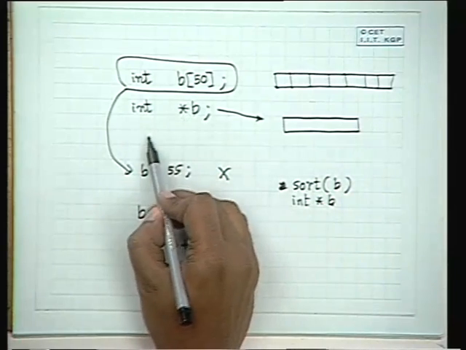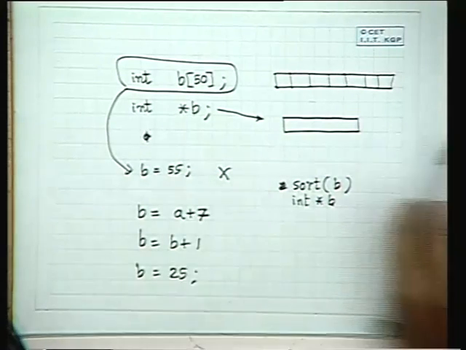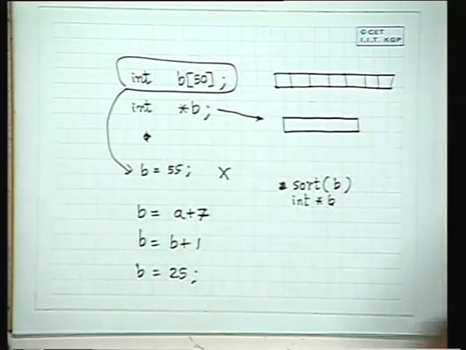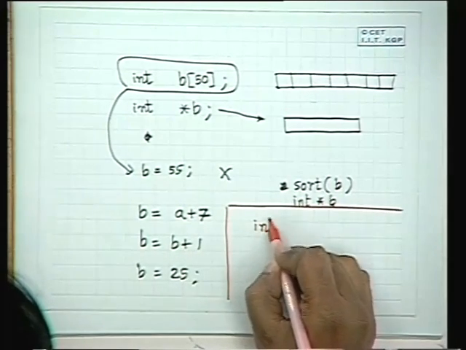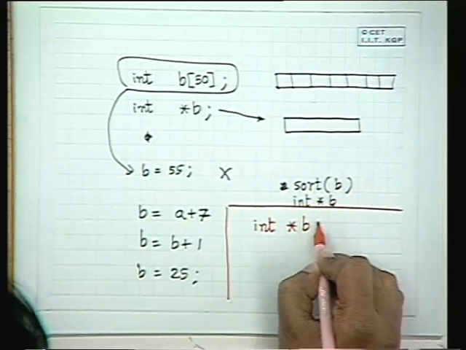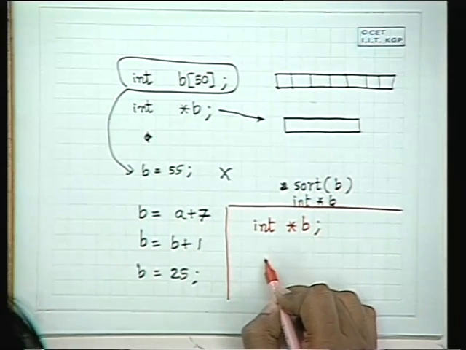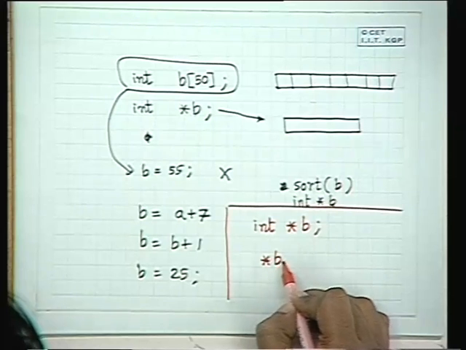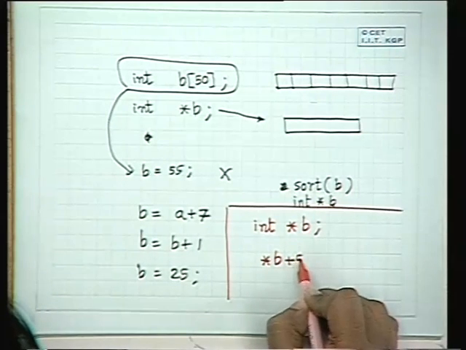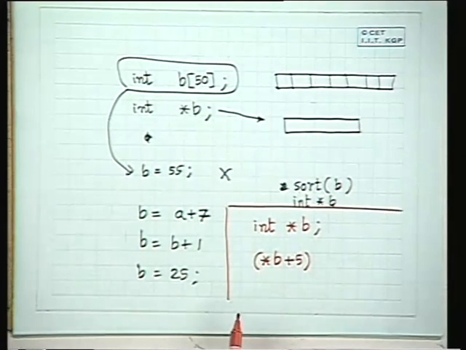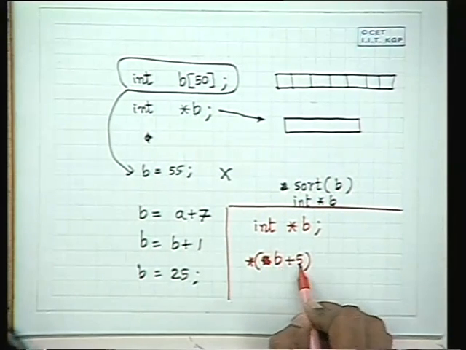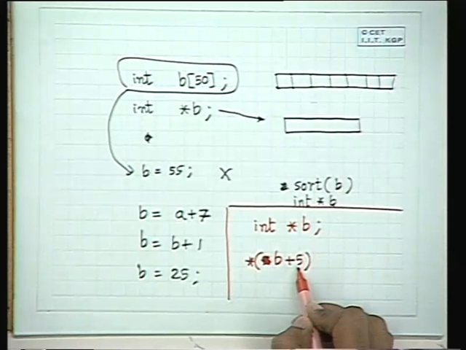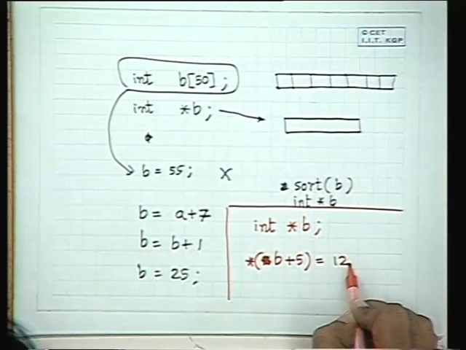But here if you start writing down for this declaration, suppose I declare int star B and I write down content of B plus 5, okay, content of B plus 5, B plus 5 is the fifth element after this, is equal to 12.